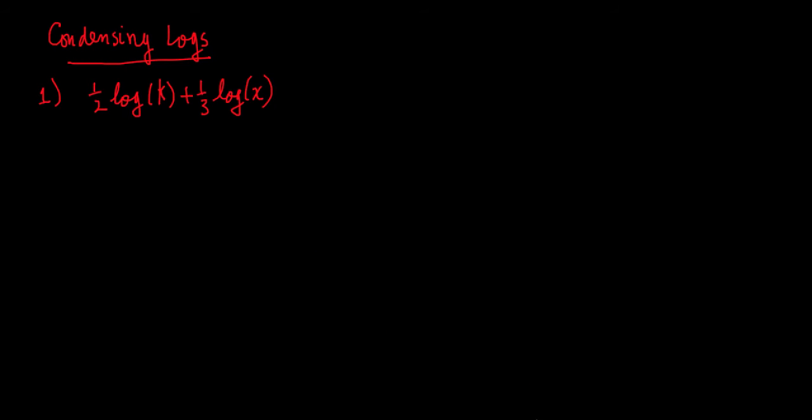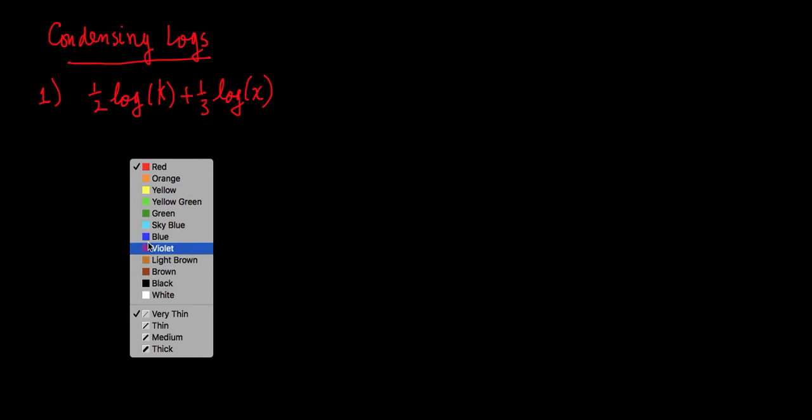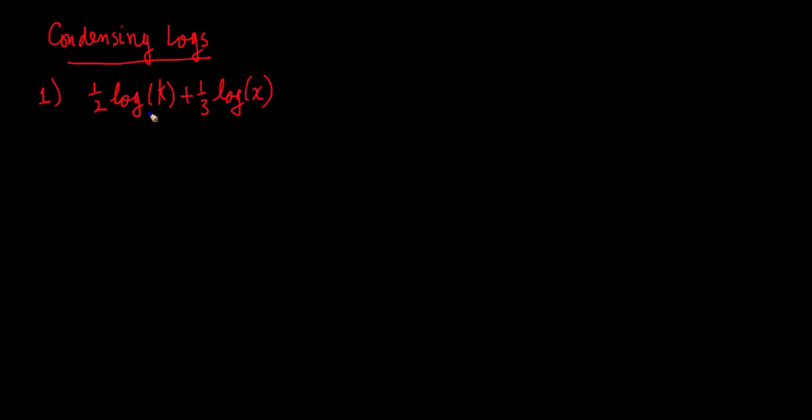So my first problem, let's say we have this question, 1/2 log of k plus 1/3 log of x. And just to remind you real quick, when you have a log like this with no base, that's actually base 10. So I should make a side note here, what we call the common log.